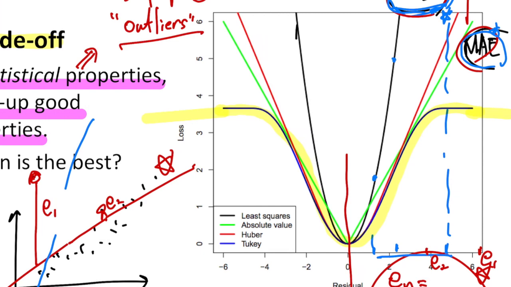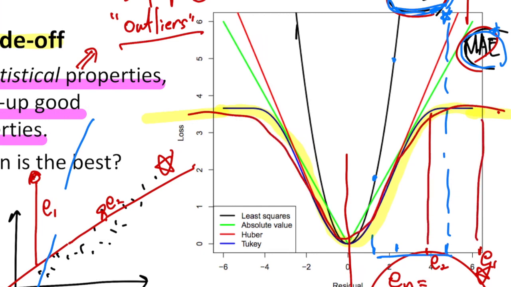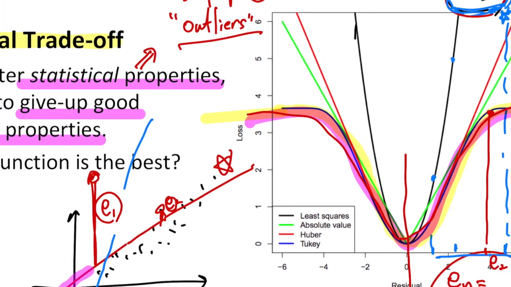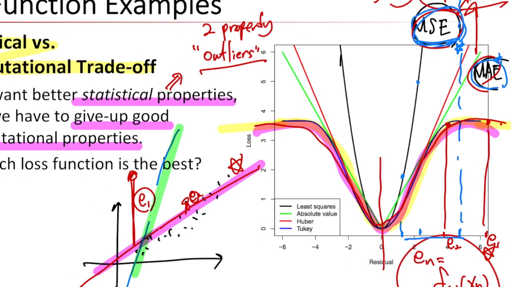If we use this loss function, the loss values are the same, even though they have very different errors or residuals. So if we use this kind of loss function, we can find the mapping function that looks like this more properly rather than this one.